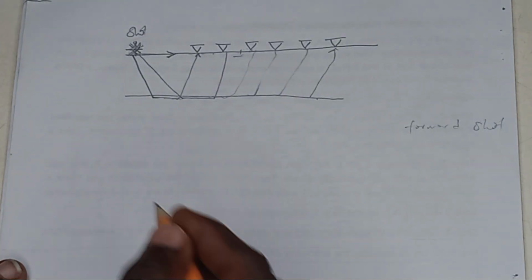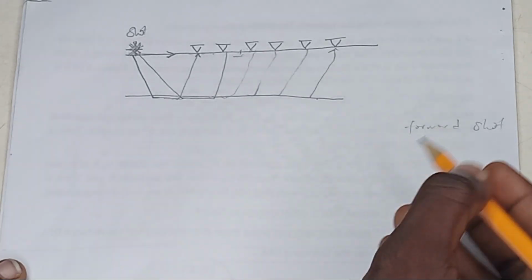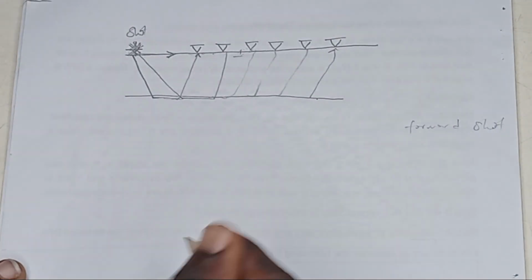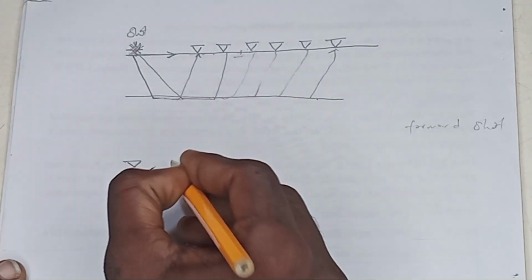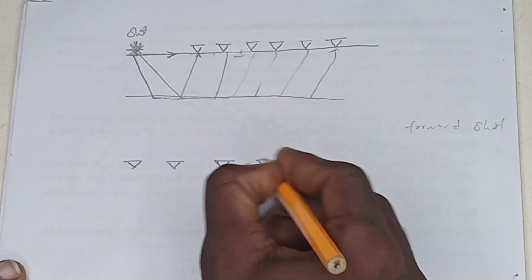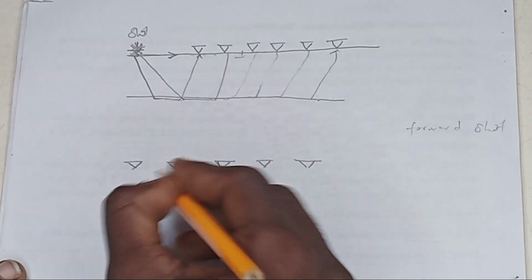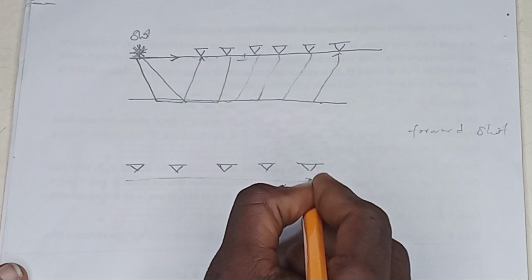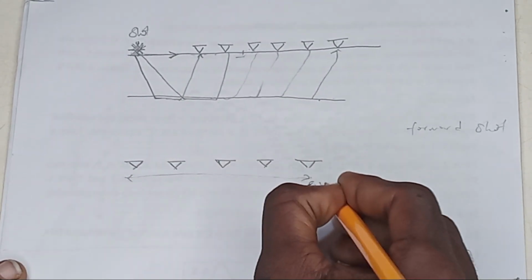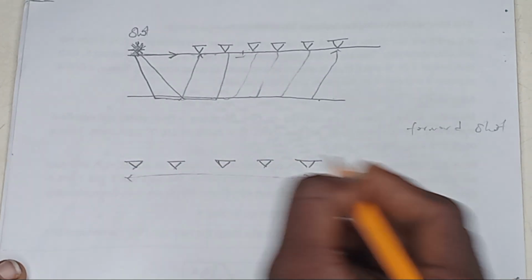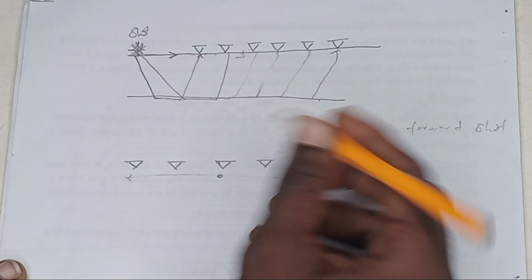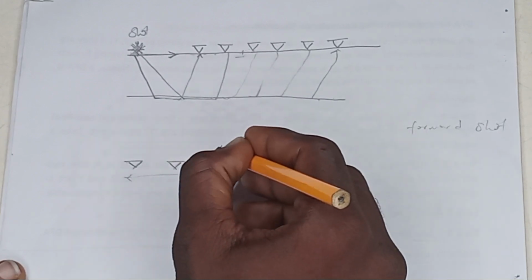Now when we place it in the middle of our geophone array, for example, we have something like this. If from here to here is 50, I mean, the spacing between our geophones is 50, and we now choose this point here at 25.